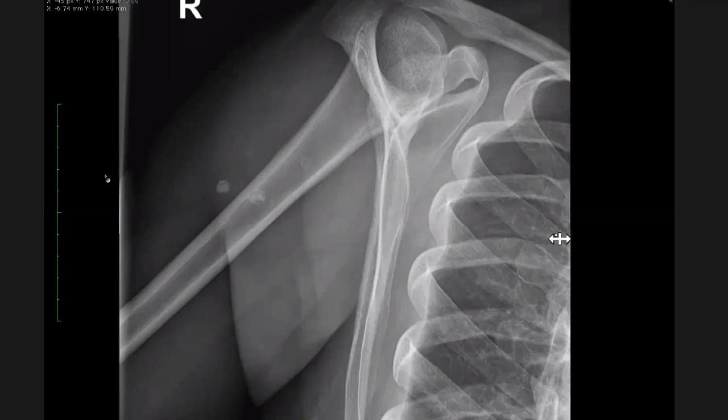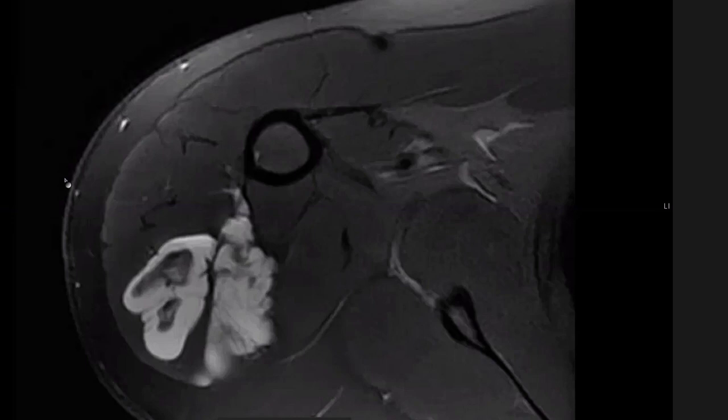Least likely, sir. What other calcified abnormalities do you commonly see? Granulomas are also calcified, but this is a very odd location, isn't it? Yes.